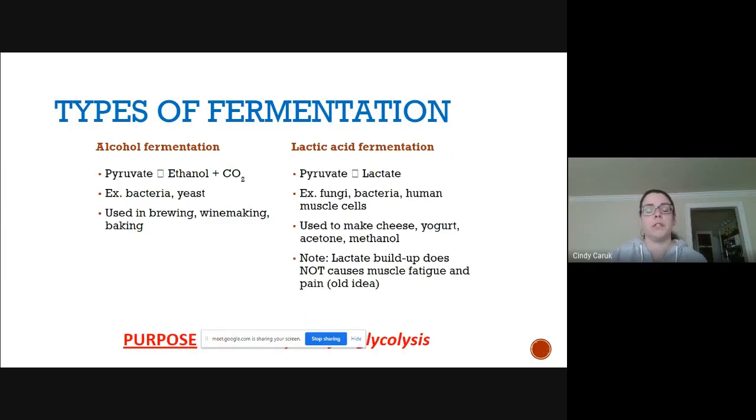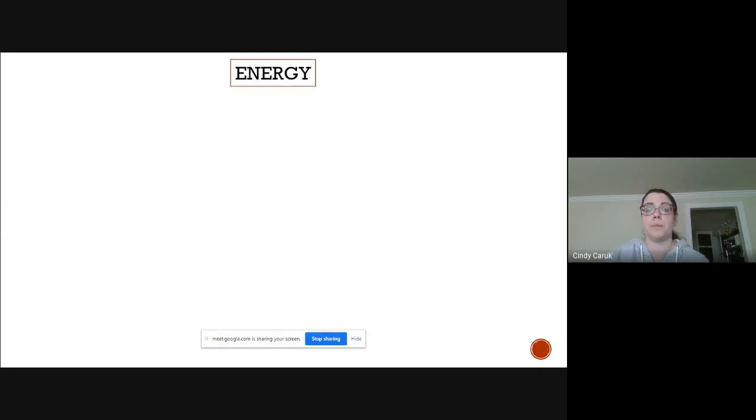And the purpose is really to take the NADH and to oxidize it so that you have NAD plus available to run glycolysis. The pictures of these are on page 150, figure 7.16, if you want to look at this in your book.